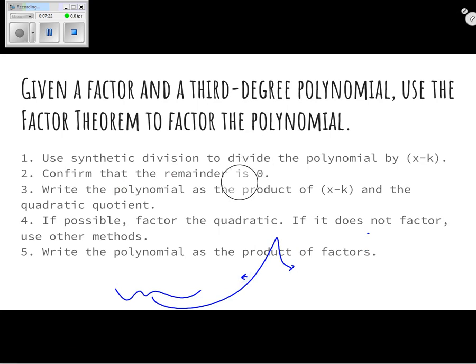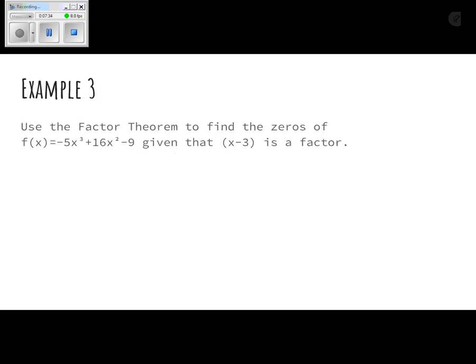So step by step, kind of what I did on that last problem is right here. If you need to, you can pause this and write it down. If not, I'm going to have you try one more. I'm not really interested in the factors of it. My end goal is to simply find the zeros. Okay.